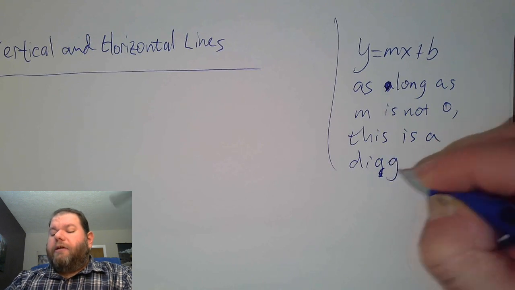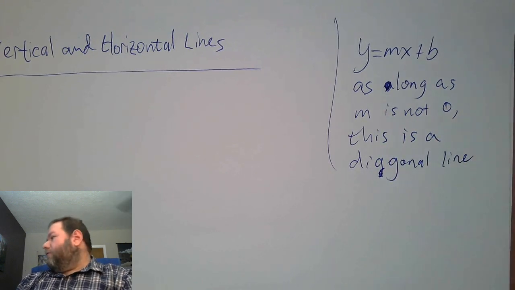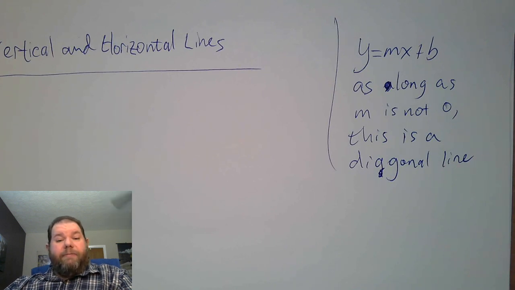So as long as m is not 0, as long as our slope is not 0, this is a diagonal line. Well, that certainly makes us think about, okay, what happens if slope is 0? What does it look like when slope is 0?